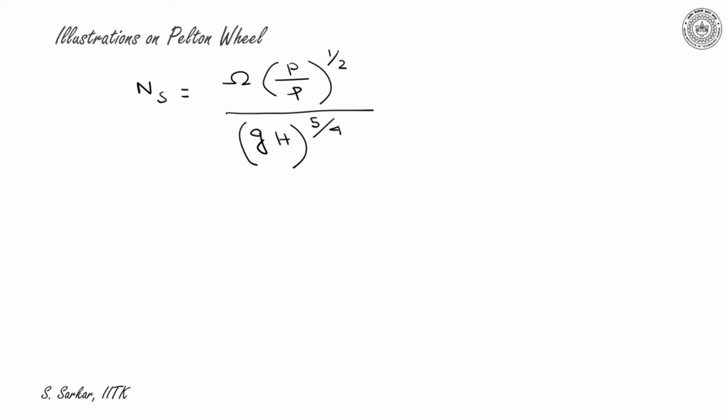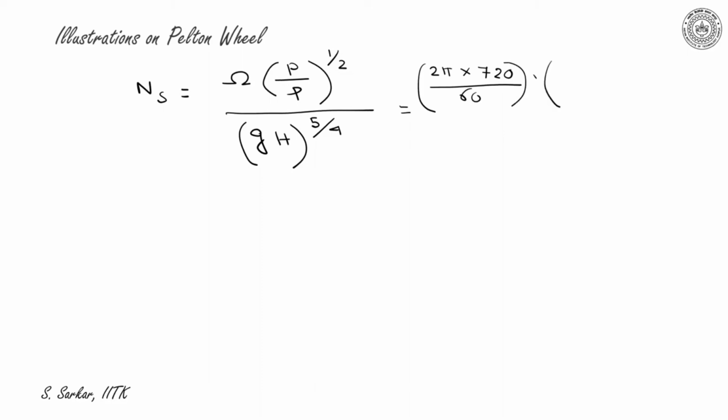Let me put in all the expressions. Omega is equal to 2 pi n divided by 60. That is 2 pi n is 720 divided by 60. This will be omega.